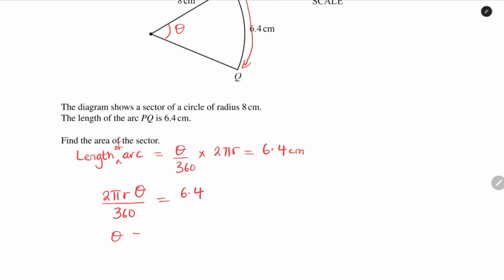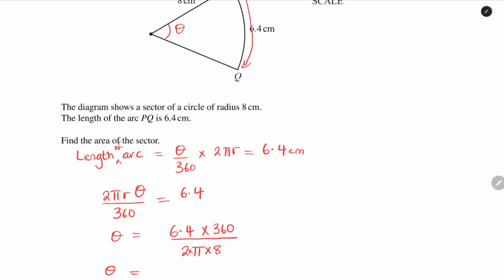So theta will be given by 6.4 times 360 divided by 2 pi r. Our r is given, sorry, so we need to put that in. r is 8. So our theta is actually 6.4 times 360 over 2 times pi times 8.